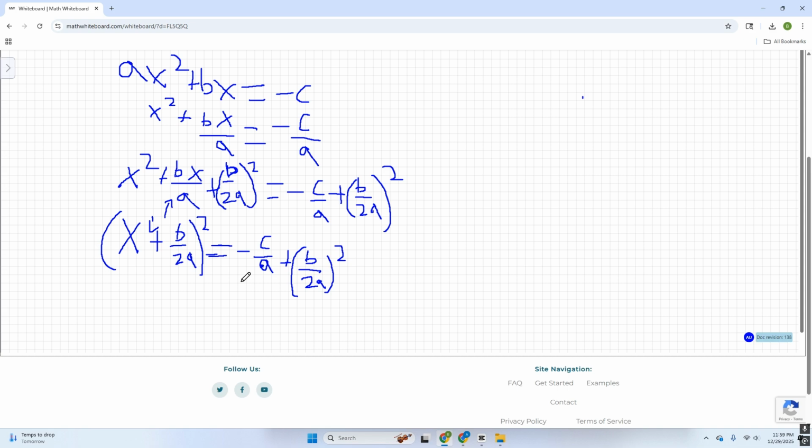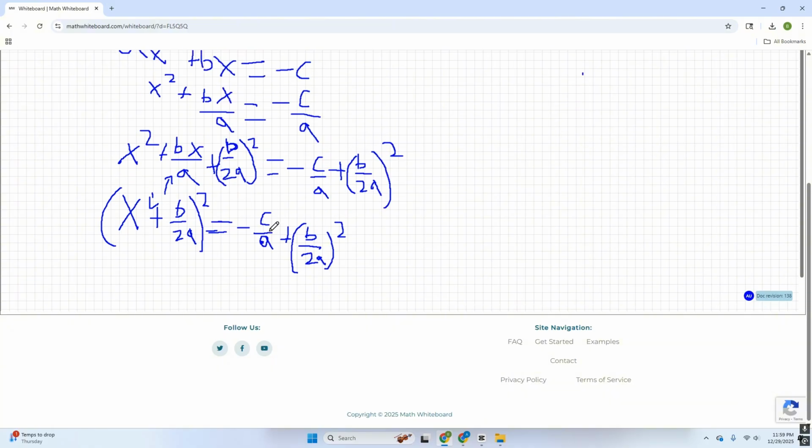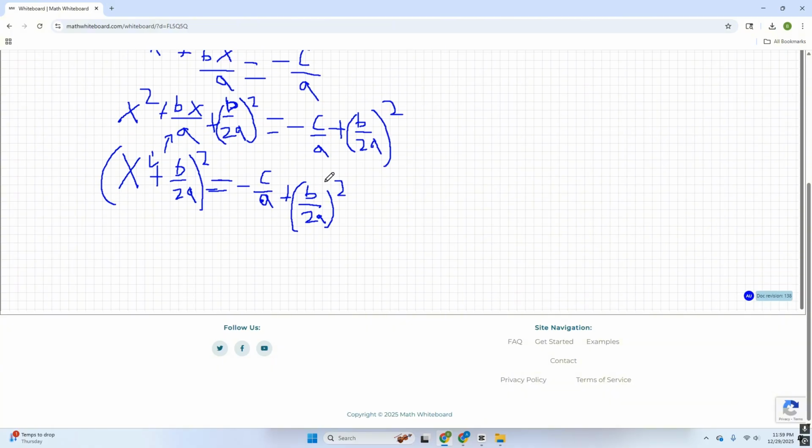Alright, but what now? We've done seemingly everything, but we can simplify the right side even more. So if we actually solve this out, it would be negative c over a plus b squared over 4a squared is equivalent to this.